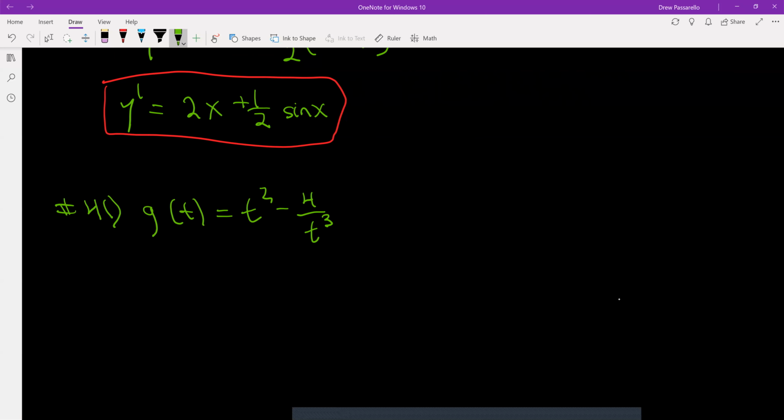So before I take the derivative, I'm going to rewrite the function since I have the variable in the denominator. So since t cubed is in the denominator, I'm going to rewrite the function into a format where I can take the derivative.